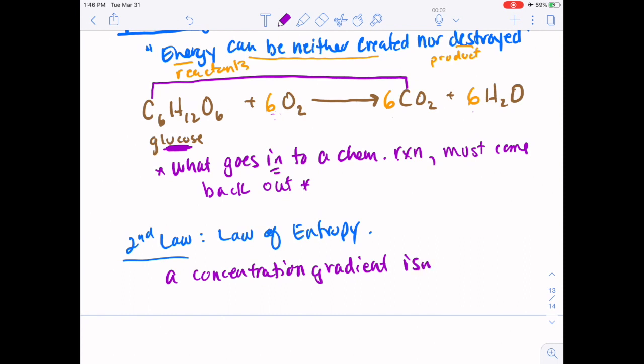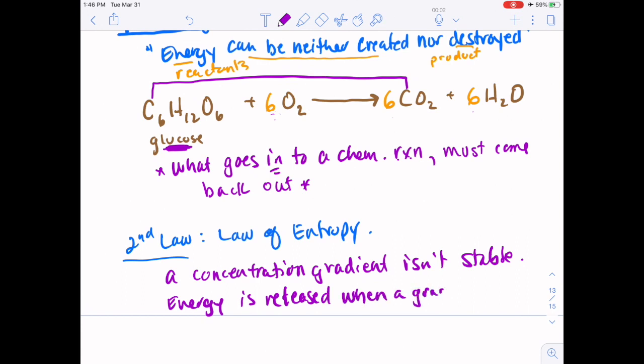And energy is released when it has been equalized, or when a gradient has been equalized.